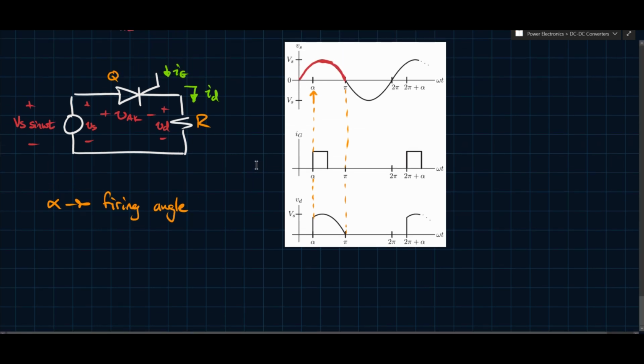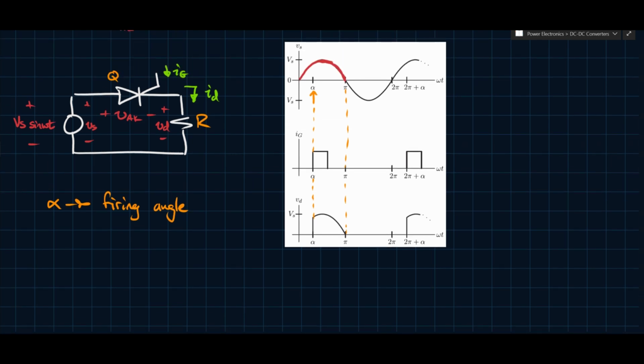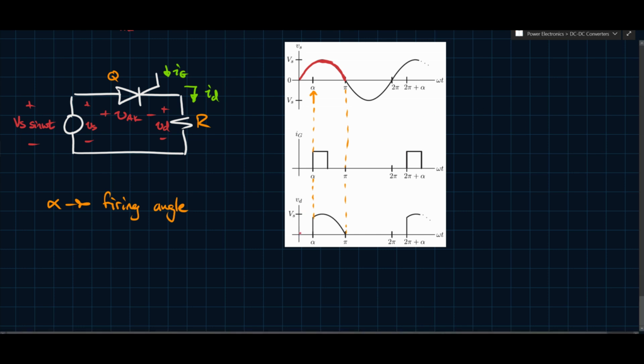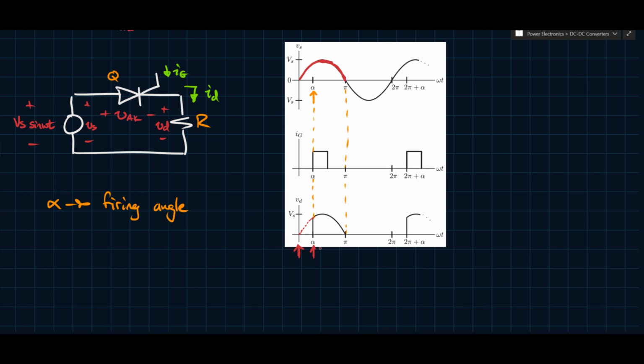A regular diode, an ideal, normal diode, would have turned on at 0, at this point here. But instead, we're saying this thing turns on here at alpha. So we define alpha as whatever that phase shift delay is relative to the standard turning-on point.